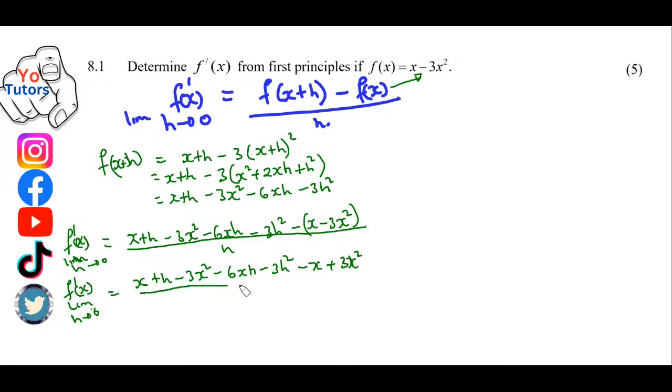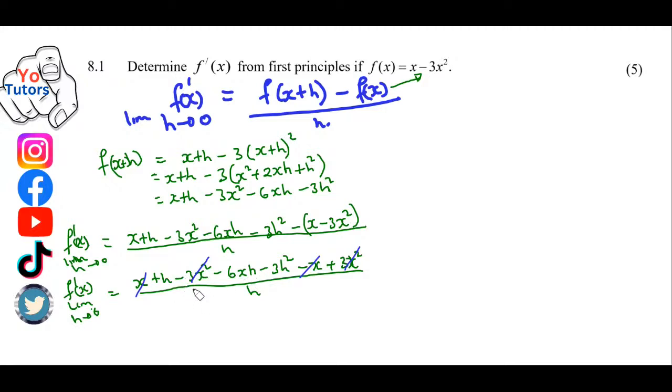Then here we will all over h. But what we see is that we are finding something common here that can cancel. So we've got negative 3x squared and positive 3x squared. We have got x here, we've got negative x here, so this can cancel out.